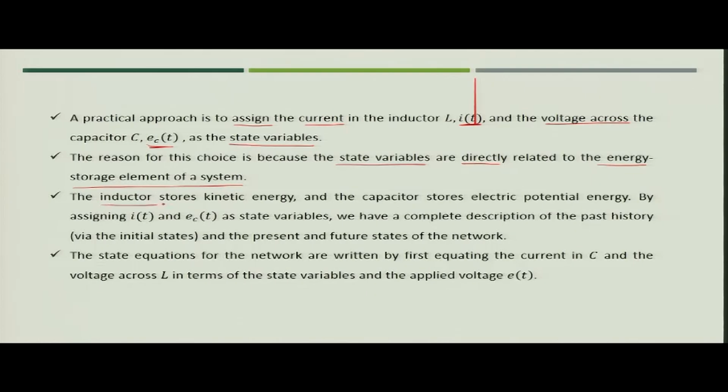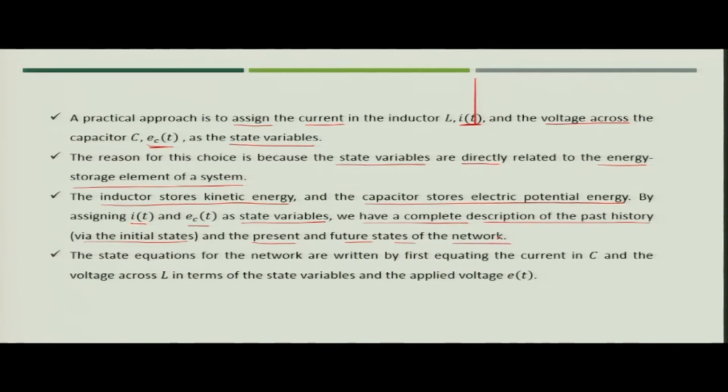The inductor stores kinetic energy and the capacitor stores potential energy, that is electrical potential energy. So, by assigning i(t) and E c(t) at any time t as the state variables, we can have a complete description of the past history, that is the initial states of the system, and the present and future states of the RLC network.